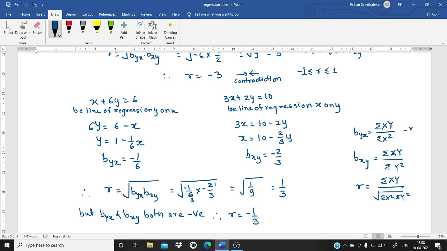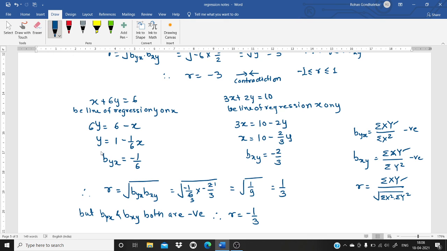As byx is negative, bxy is also negative. Of course, there is no chance that the denominator is negative, because the denominator has the summation of squares, so it is never negative. So it means the numerator has to be negative. And as the numerator has to be negative, here also the numerator will be negative.